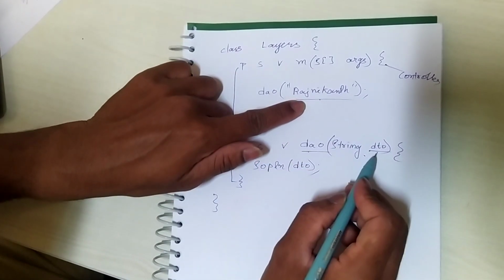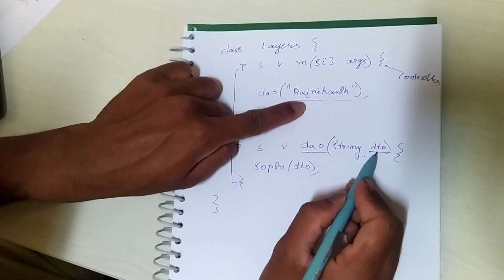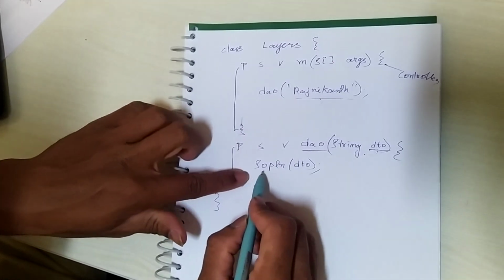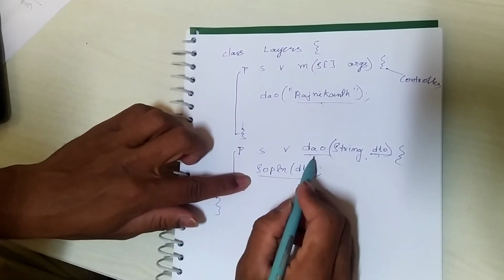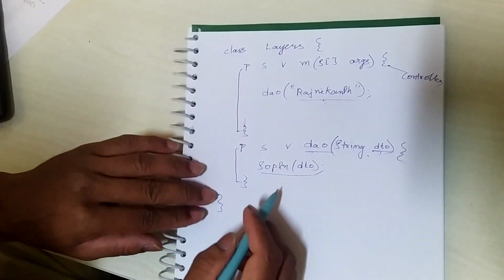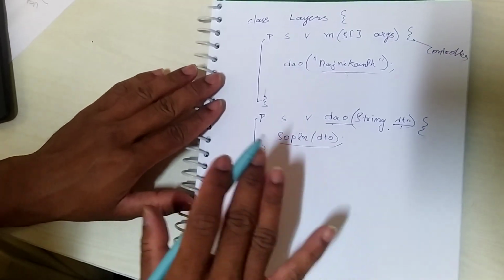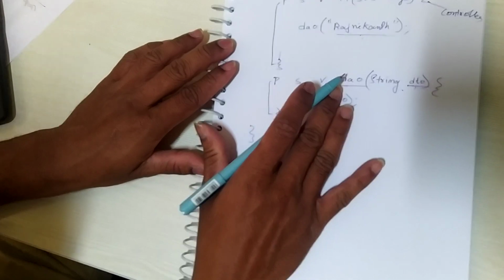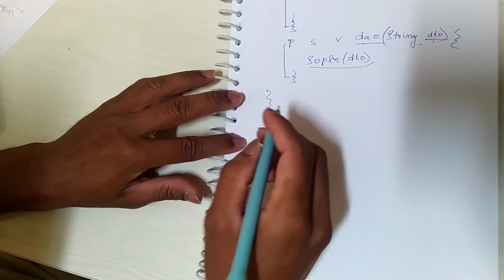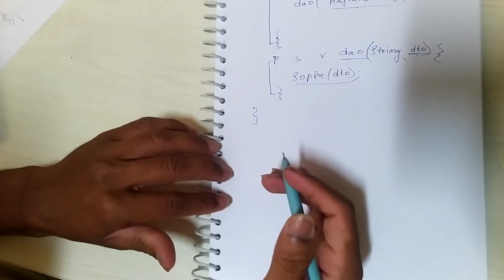This DTO variable collects the data, and it will perform the operations according to the DAO method logic. This is how the execution flow happens. The same thing happens in the layers of a project. To understand in depth, I will implement it at the class level.